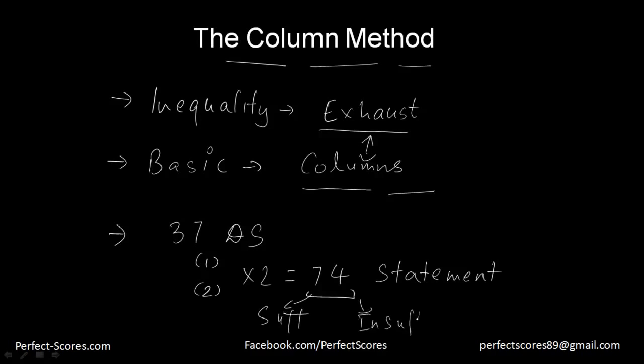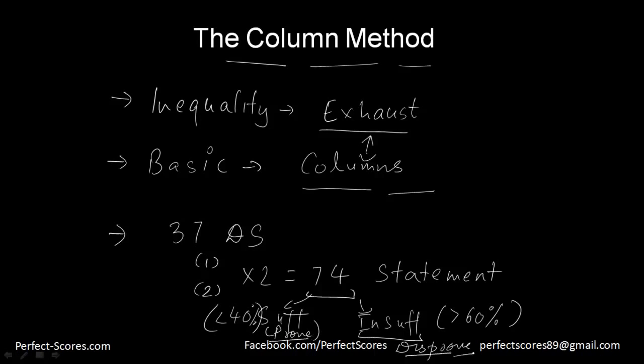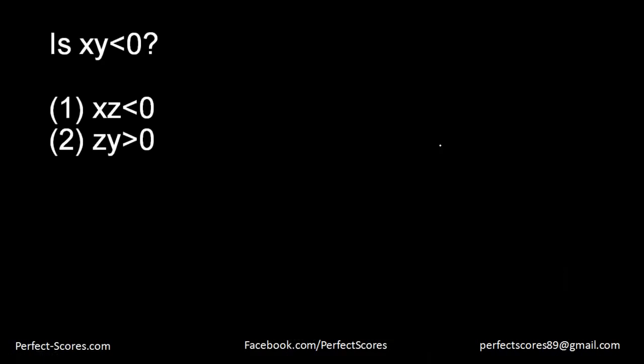You can clearly say that more than 60% of the statements would be insufficient in your test, and less than 40% would be sufficient. That means we should definitely have a technique to disprove something, rather than just applying a technique to prove something. This is where we generally make mistakes. We learn the technique to prove something, but we don't know the technique to disprove something. And this column method is the best thing to disprove a statement. So let's go and use that on a question.